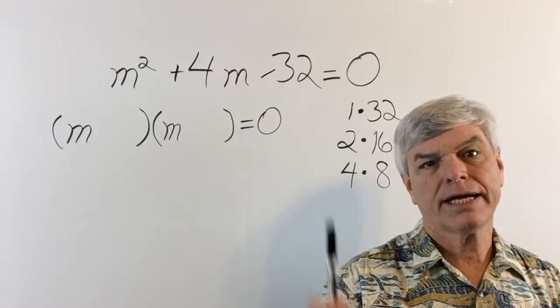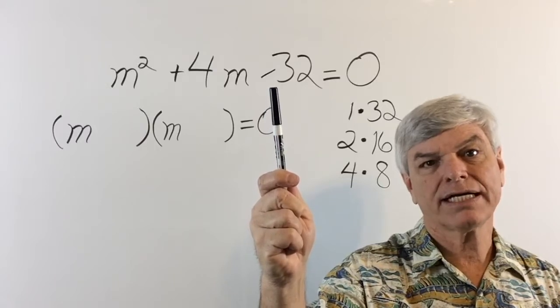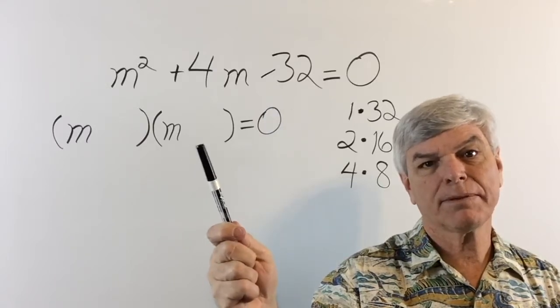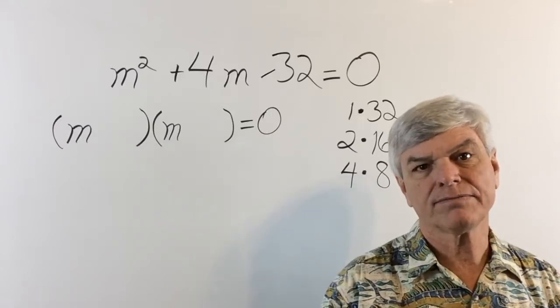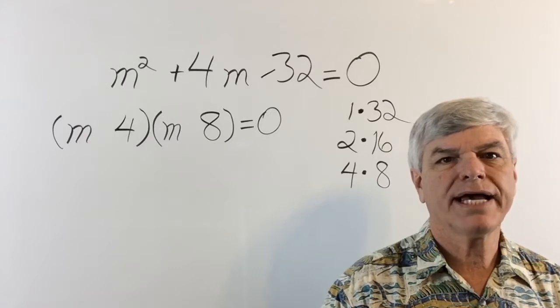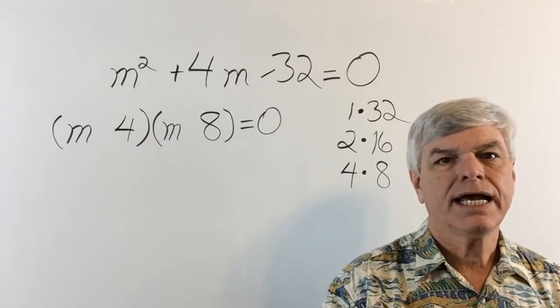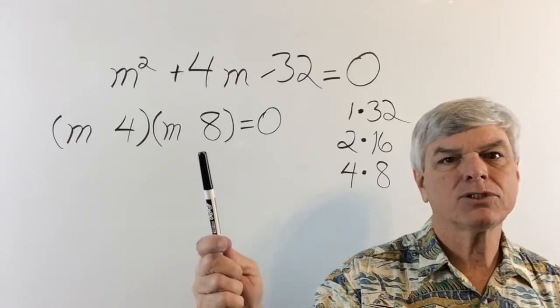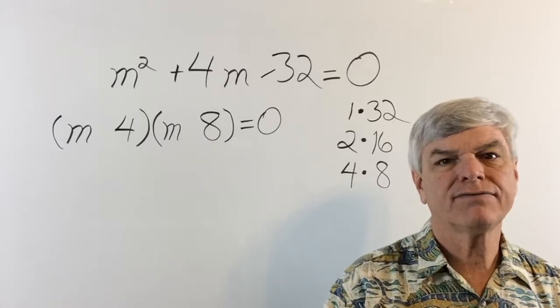Now, as we already know, we have a negative sign here, which means one of these is going to be positive and one's going to be negative. But anyways, let's get the numbers in there first. There you go. And like I said, one of them has to be negative because the 32 is negative. And what can I subtract to get positive 4?